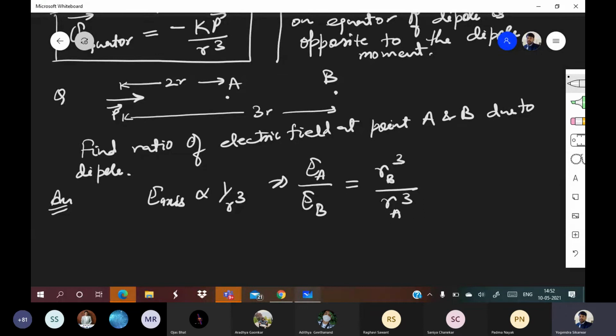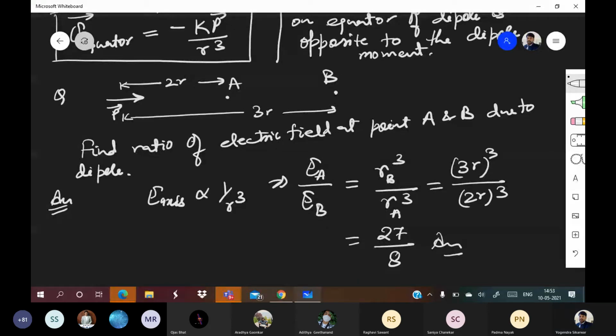Now RB is 3R cube. RA is 2R cube. So from here, that will be 3 into 3 into 3, 27, and that is 2 into 2 into 2, 8. So this is the answer. All right.